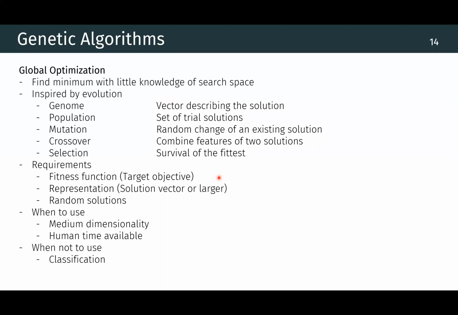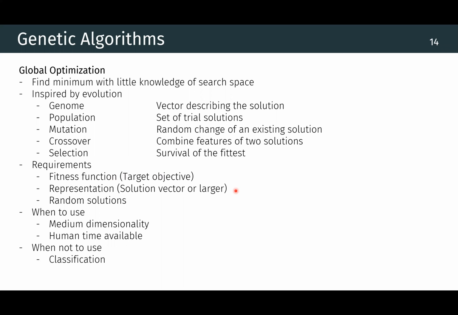In order to make use of this, you need 3 things. You need a way to evaluate which of those solutions is better, and that's your fitness function. For example, if you have a function that you minimize, this could be the residuals.